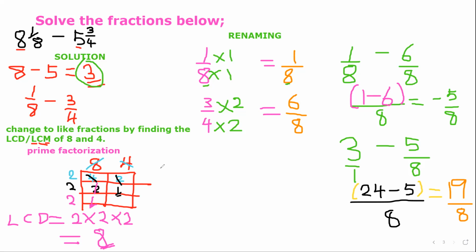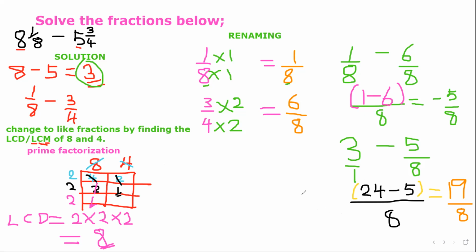So you have to change. So 8 goes into 19. You work that one out. So 19 divided by 8. So it will be 8 goes into 19 2 times. Okay.